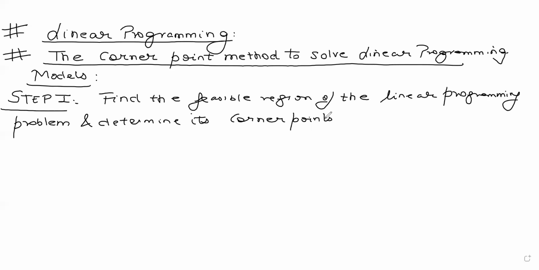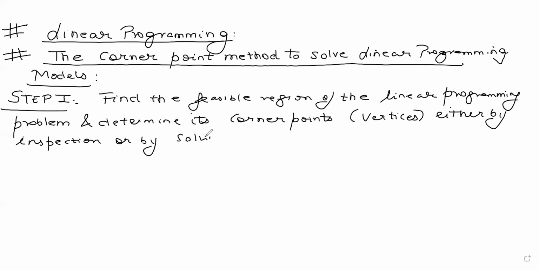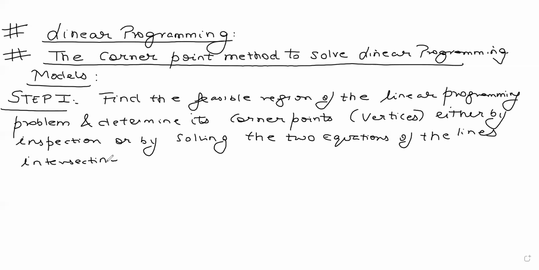The corner points are also called vertices, determined either by inspection or by solving the two equations of the lines intersecting at that point. So this is our step one.